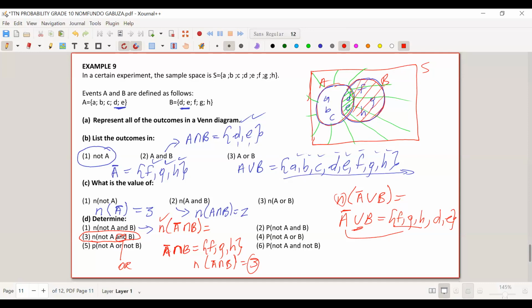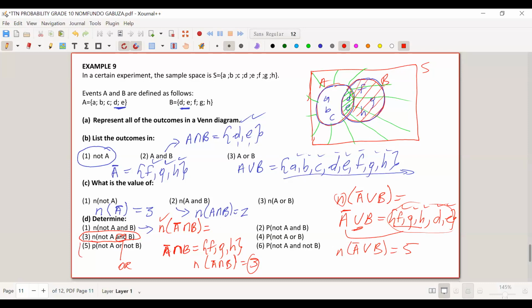So this is the set that we have, and the size of this set is 1, 2, 3, 4, 5, which means it's 5. So this is the solution for number 3.